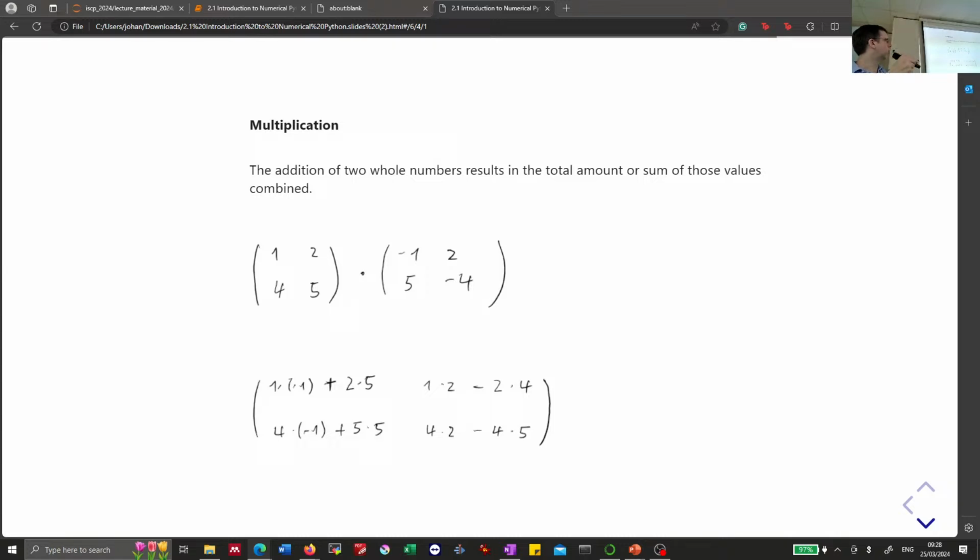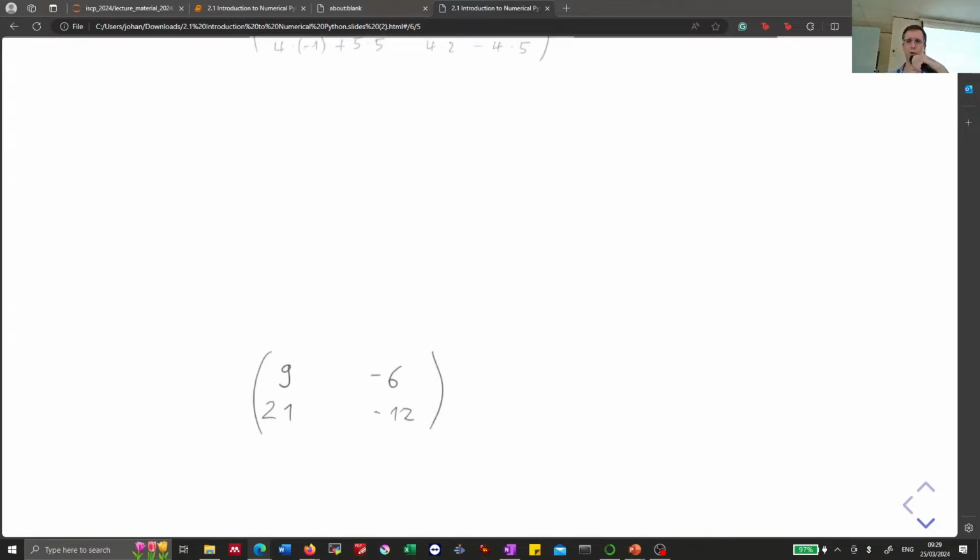So I have the first row, and I do the same for the second row with 4 times -1 plus 5 times 5. And then 4 times 2 plus 5 times -4. Yes. And then I need to do the multiplications, summations and subtractions. And then I should get something like 9, -6, 21, and -12.